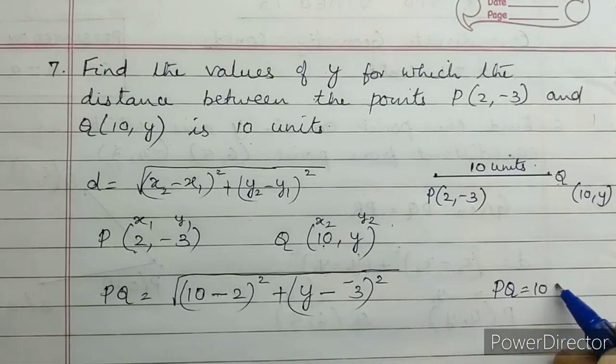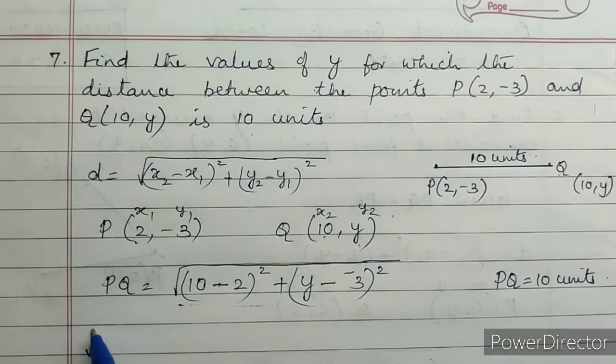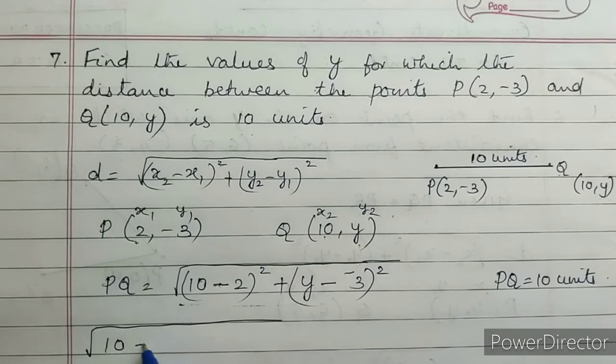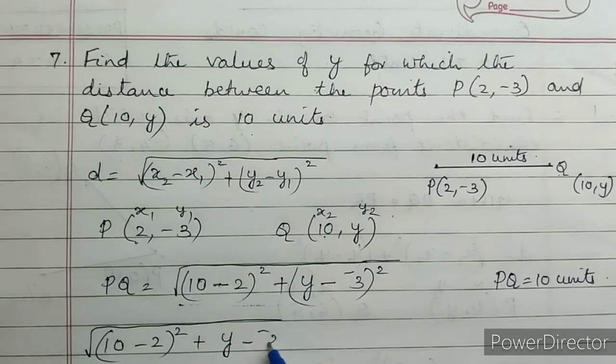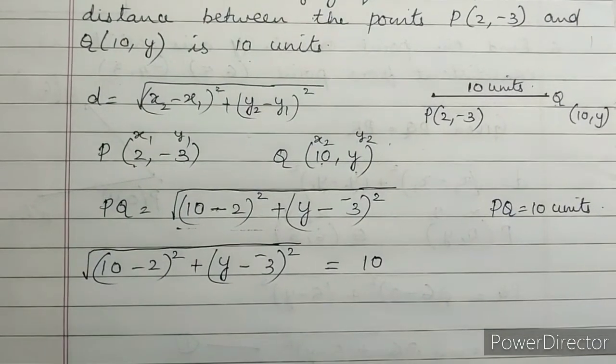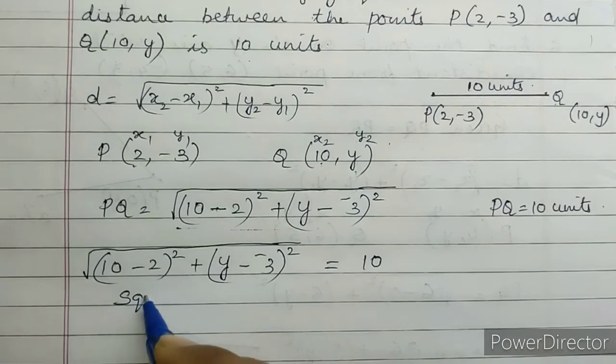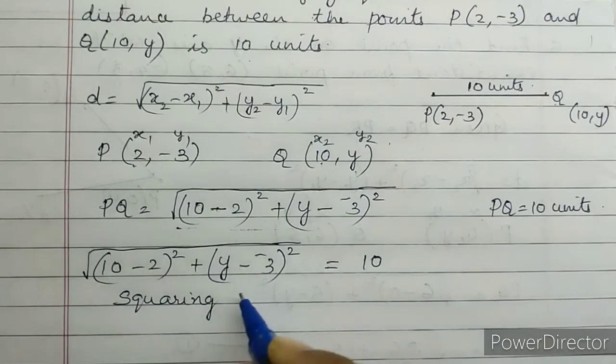PQ is equal to 10 units. So what you can do? You can equate this to 10. Square root of (10 minus 2) the whole square plus (y minus negative 3) the whole square equals 10. Now to eliminate the square root symbol, what you have to do? Yes, you have to square both the sides. Squaring both the sides.